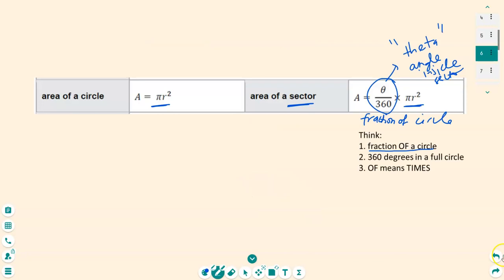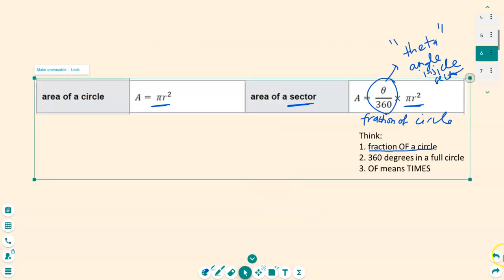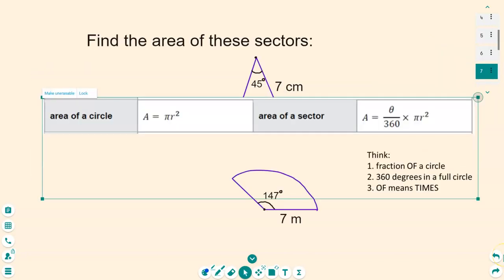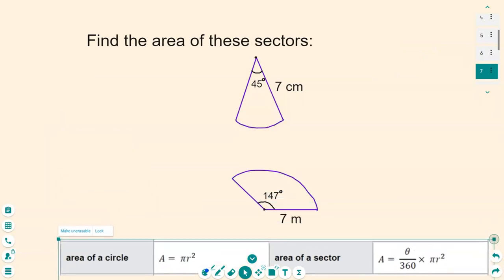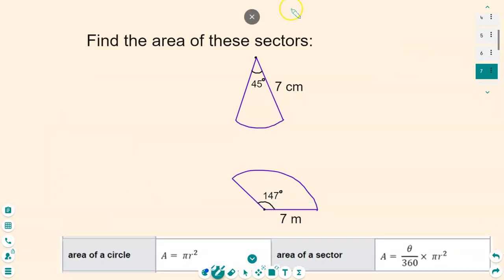So what I will do with these ones, you've got the formula on your formula sheet. So let's have it down here. We're looking for area of a sector.